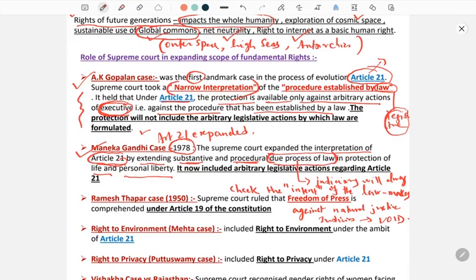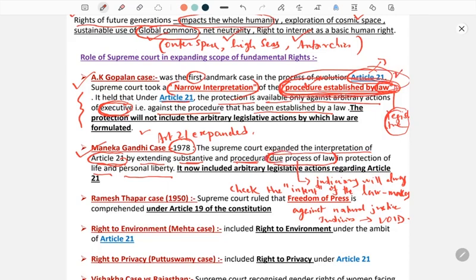Now due process of law was added apart from the procedure established by law. In procedure established by law, the judiciary will not check the intent. It will simply follow the procedure which is established by law. So in this doctrine or concept, the legislature has wider powers than the judiciary.